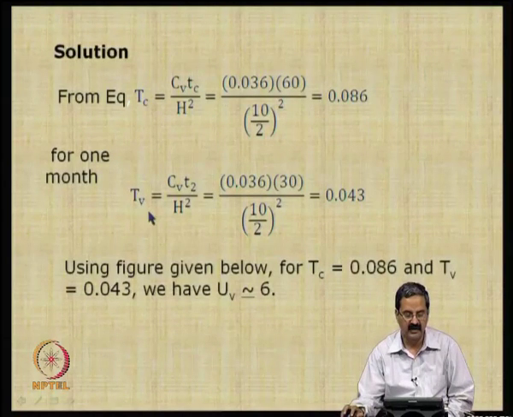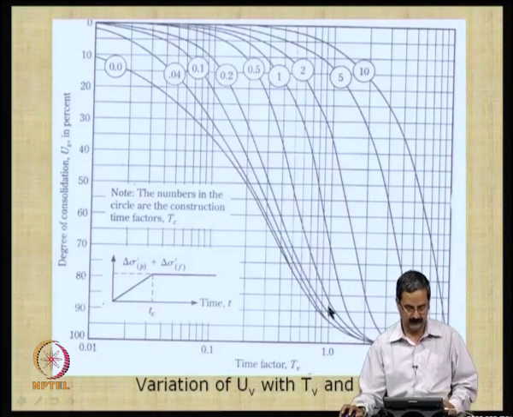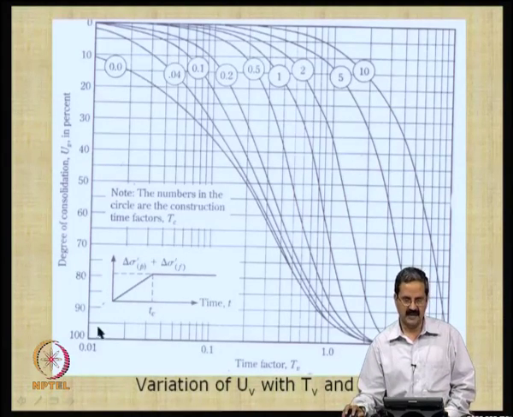So, TV equals CV t by H square, where t is 30 days, we keep 30 here, and so you get some factor. TC is known and TV is also known. Now I will show you this figure, which is what I was just mentioning, the ramp loading, the excess pressure that we have applied on the soil.